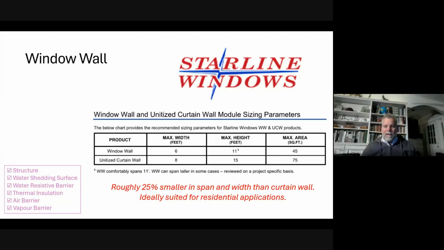So what we're seeing is that window wall is suitable for spans and heights roughly 25% less than curtain wall, which is one reason why we tend to see window wall in residential applications, and when I say residential, I'm talking about condos, and curtain wall in commercial applications, because in commercial applications we have taller floor to floor heights and we want bigger glazing units.